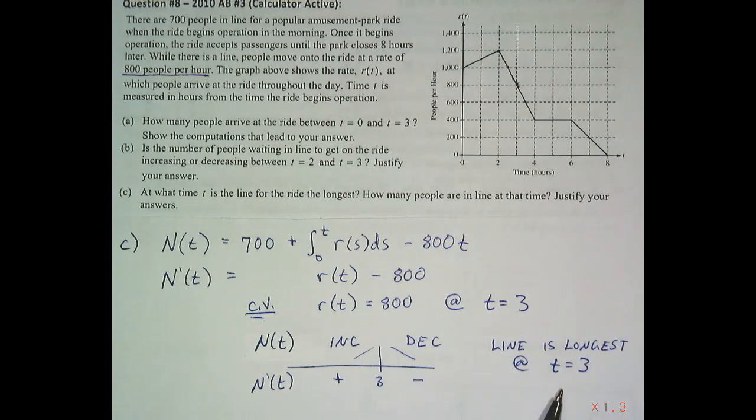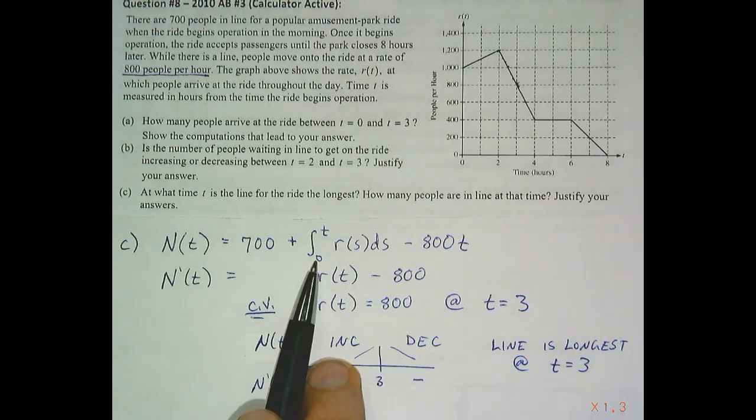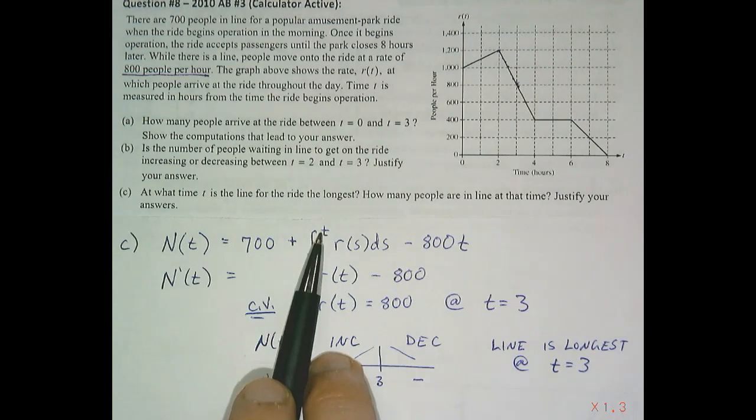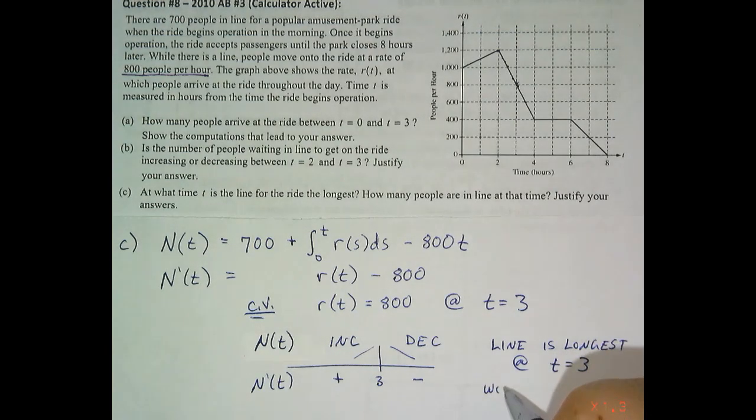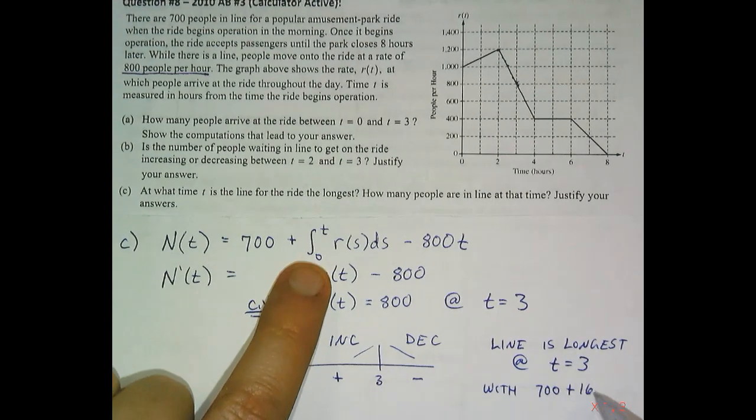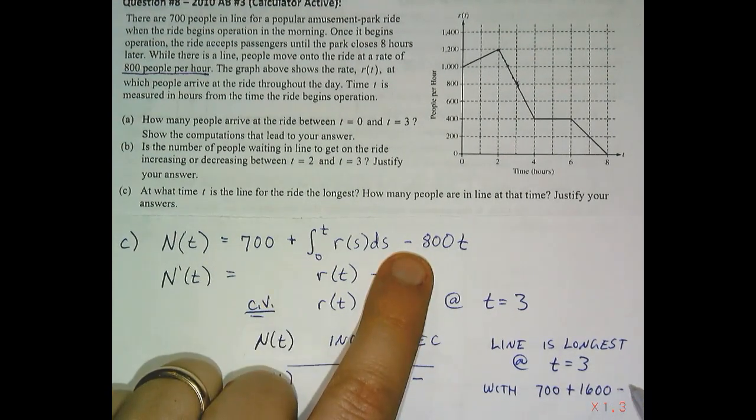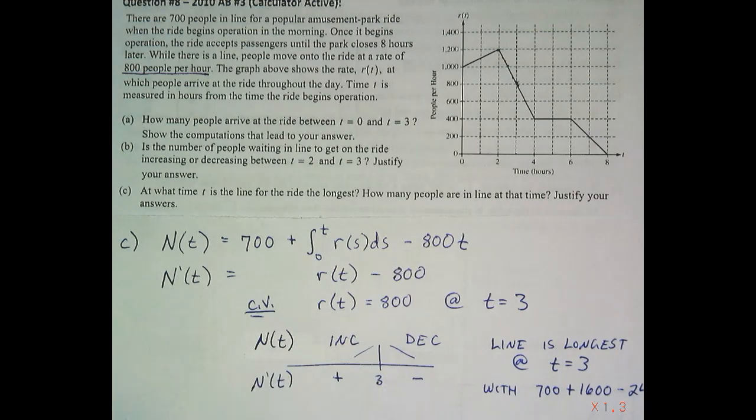And if we want to know how many people are in there, well, we've already integrated from 0 to 3, so we'll have 700 plus the 1600 minus 2400 people in the line.